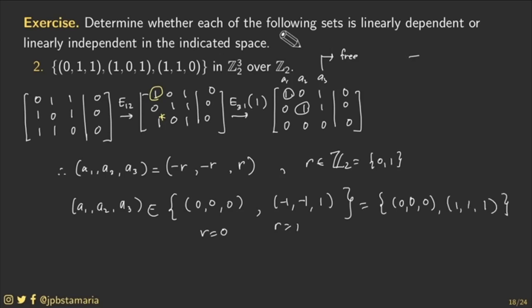In Z sub 2, the negative of 1 is just 1 because 1 plus 1 is 0.